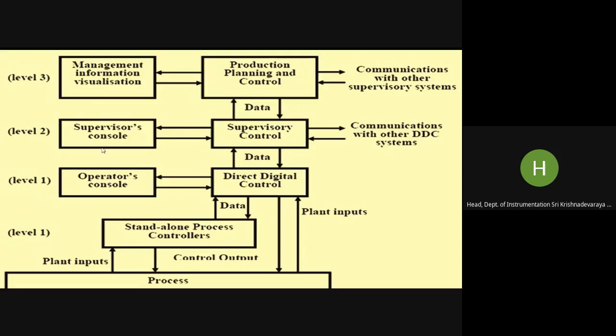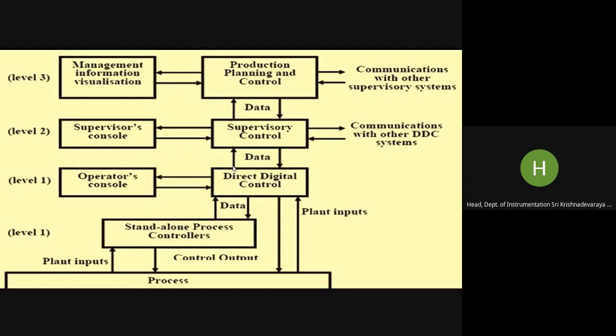Then you go to the next level, which is the supervisor's level, where you will have a supervisory control. This supervisory control gets the data from direct digital control, and the data is given back to the direct control.